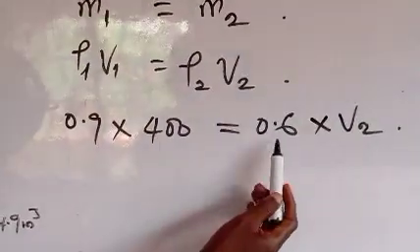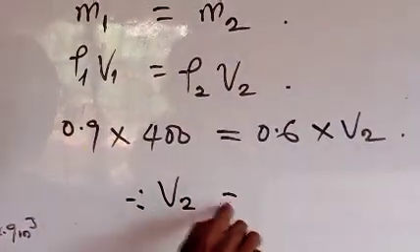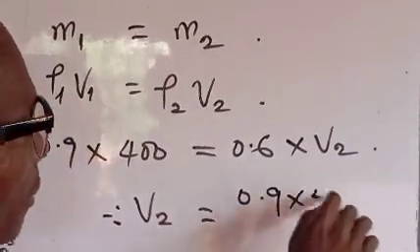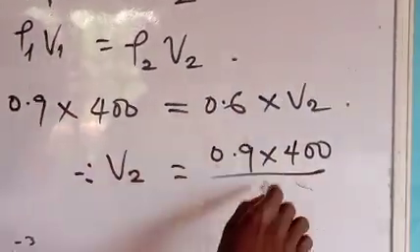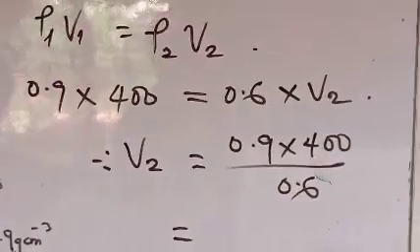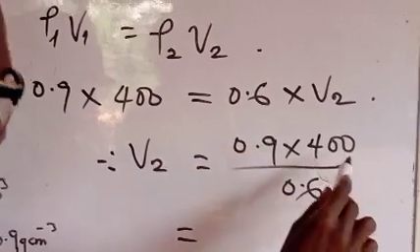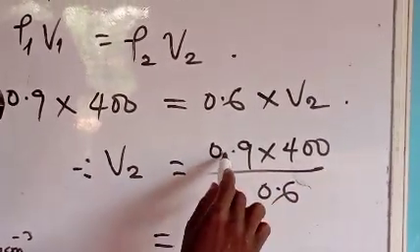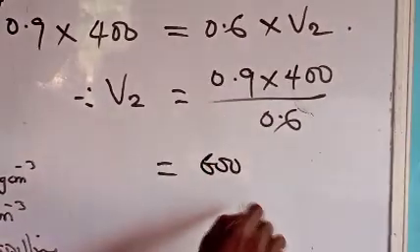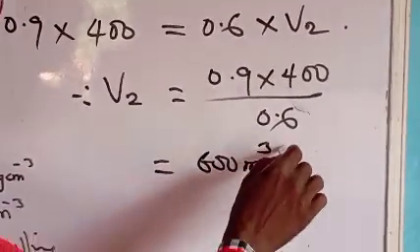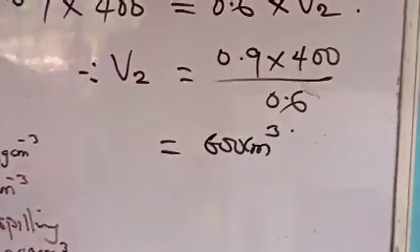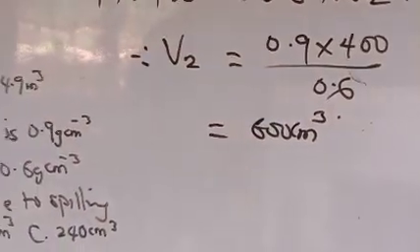Divide both sides by 0.6. Therefore V2 becomes 0.9 times 400 divided by 0.6. This times this is 360. Divide, it becomes 600 cm cube. That is how it will be. 600 cm cube. That's what we will give you.